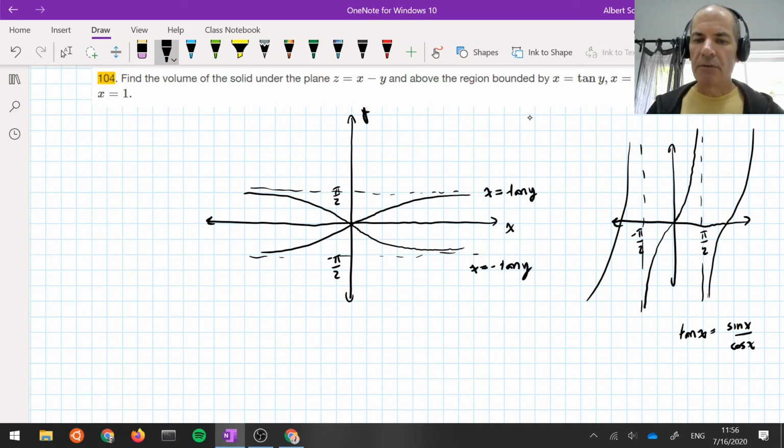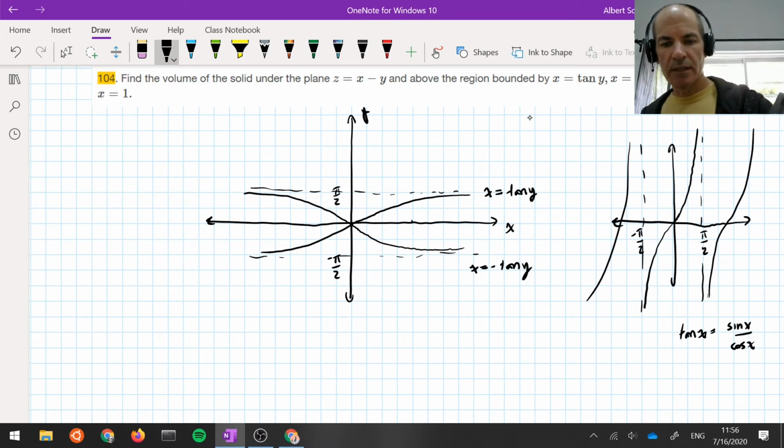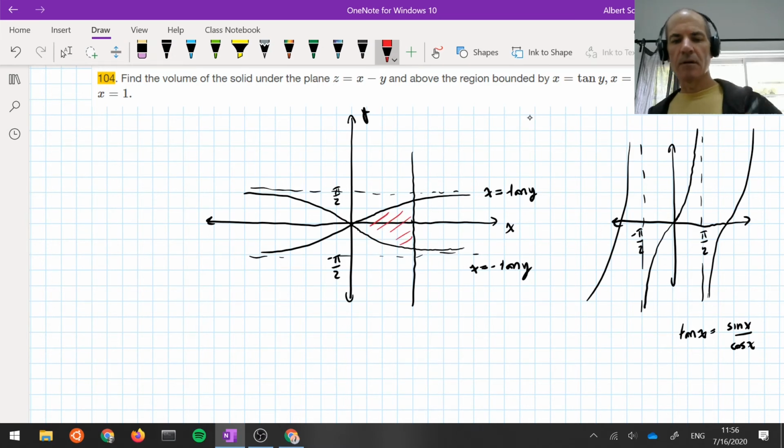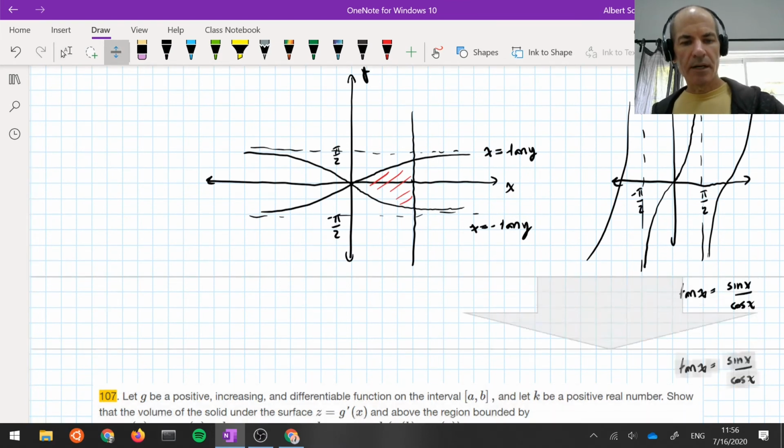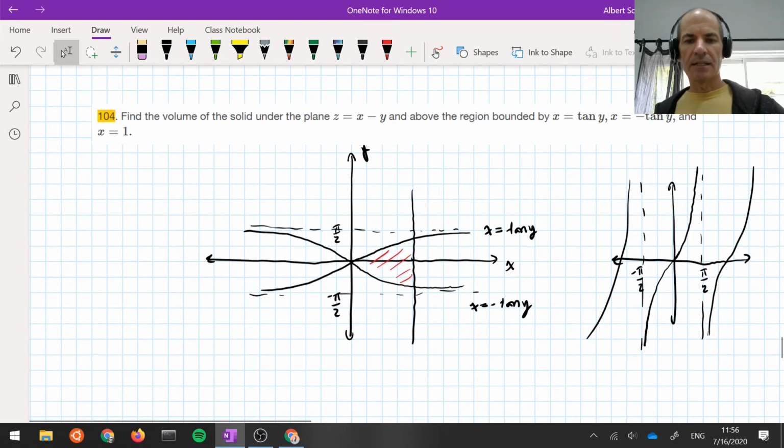Okay, the region bounded by these curves, we have one curve left, x equals 1. So let's put x equals 1 in here. And we now see the region that's bounded. All right, what kind of region is this? We want to do the volume under the plane described by the function x minus y.